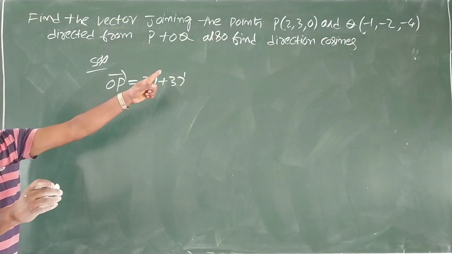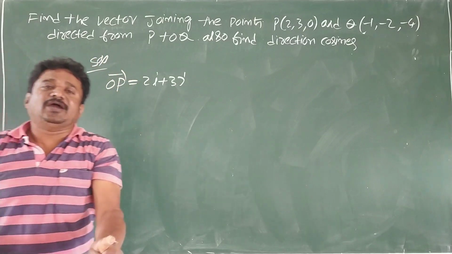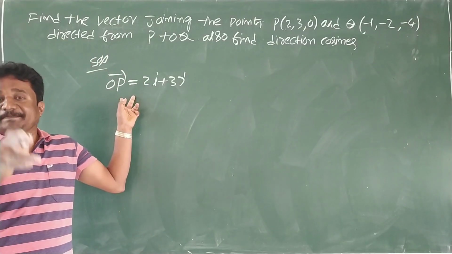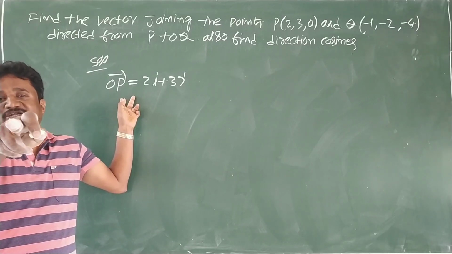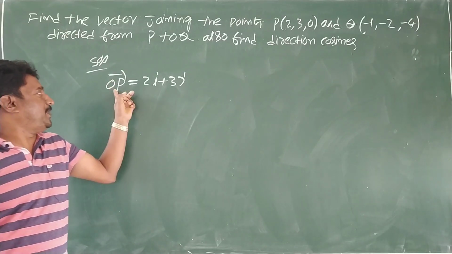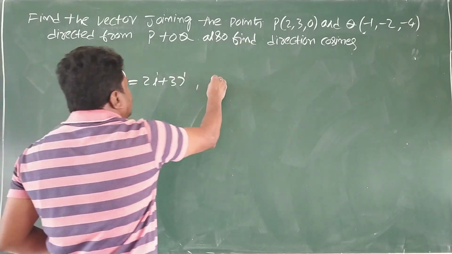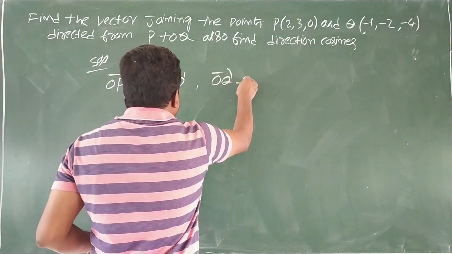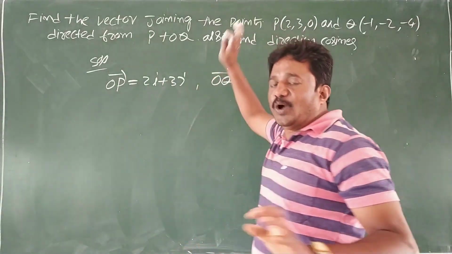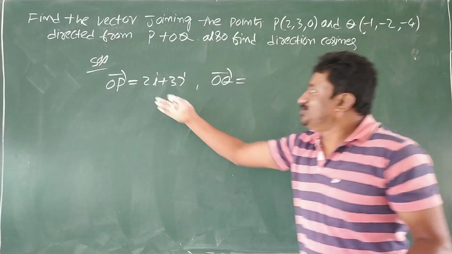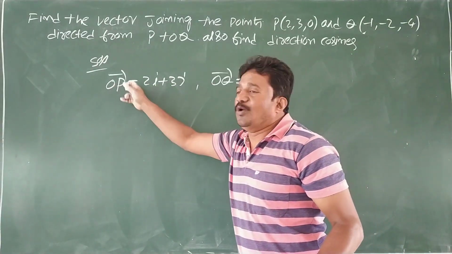2i plus 3j. Remember that points are nothing but PVs, position vectors. When a point is given and you need a vector, include O. So OP is 2i plus 3j. Next, change one more point into a vector, vector OQ. What is this vector OP called?